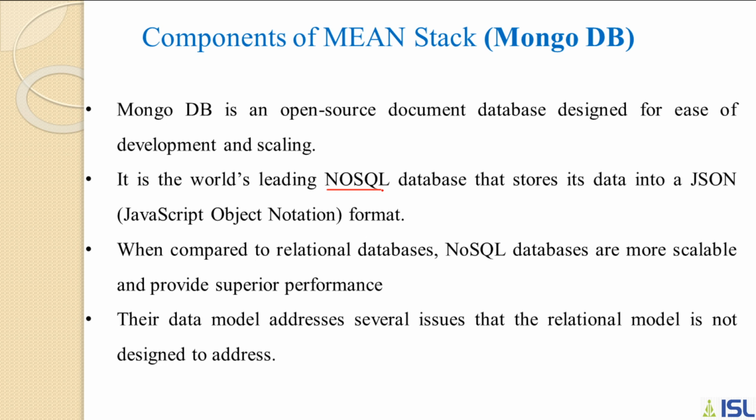And if we see NoSQL, that means the data is not in the form of rows and columns; with the help of JSON we can store it in the database. In simple words, structured data is a collection of rows and columns.